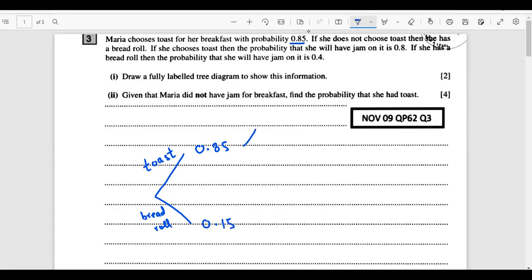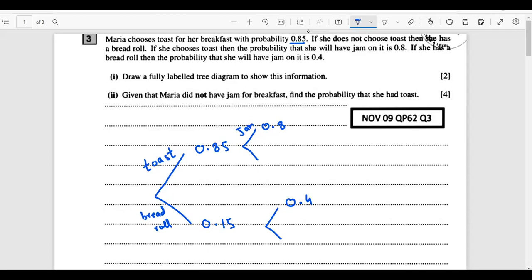Excellent, okay? Now, let's see. If she chooses toast, then the probability that she will have jam on it is 0.8. Now, for jam, it is 0.8. And if she has bread roll, then the probability that she will have jam on it is 0.4. But there's nothing else, like we do not have butter, Nutella, or any other thing.